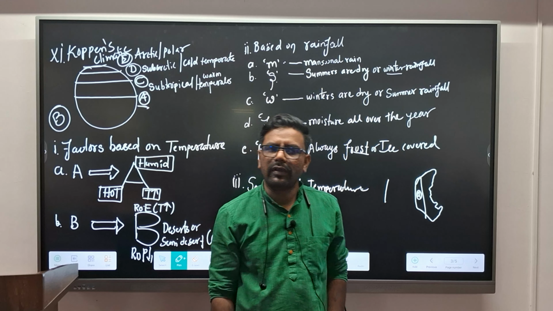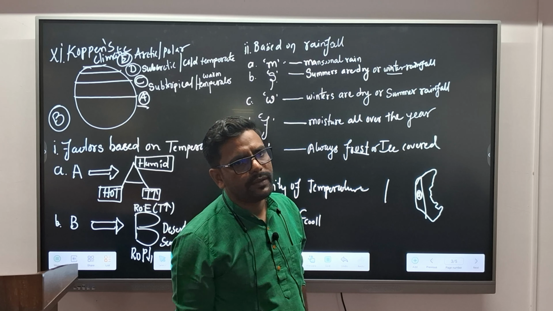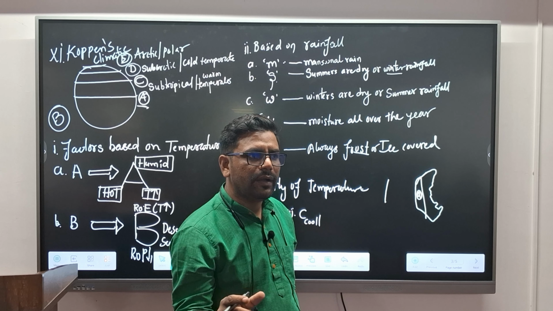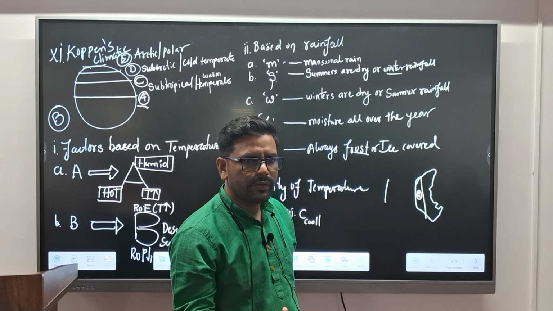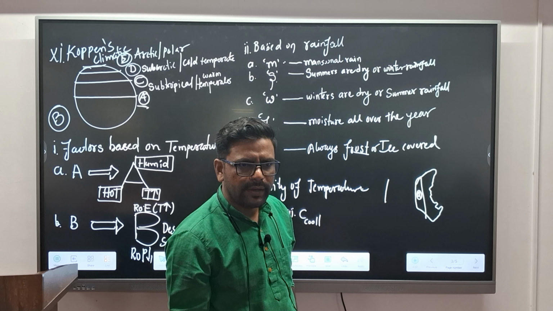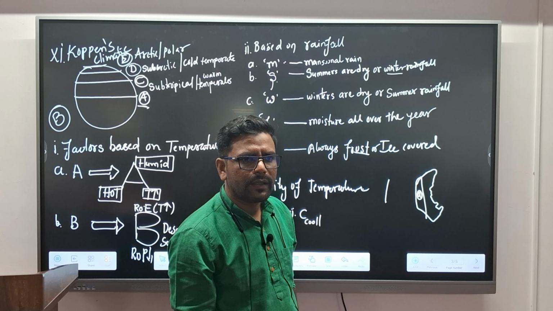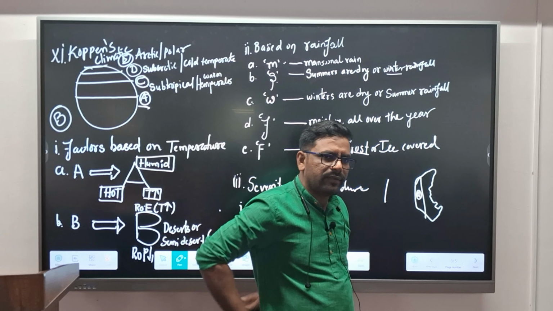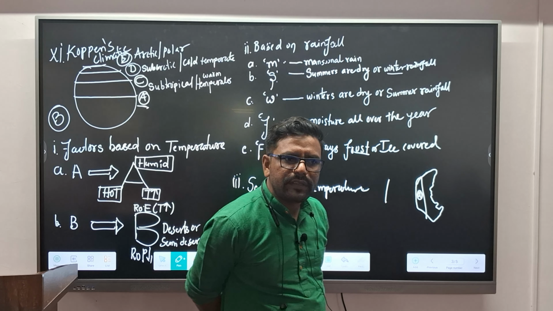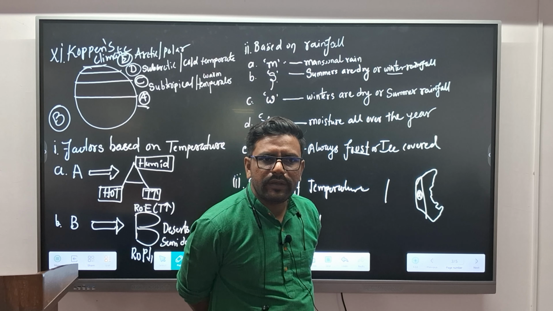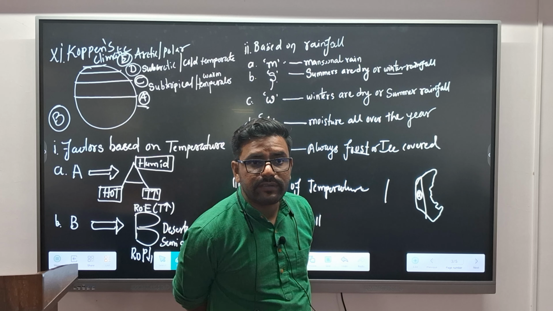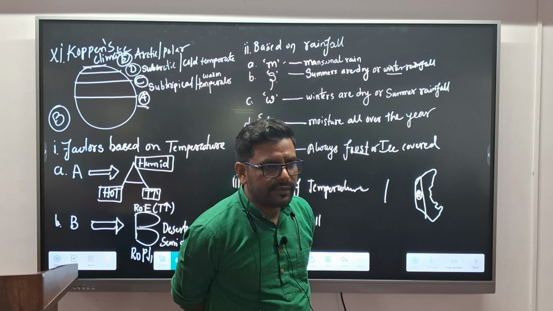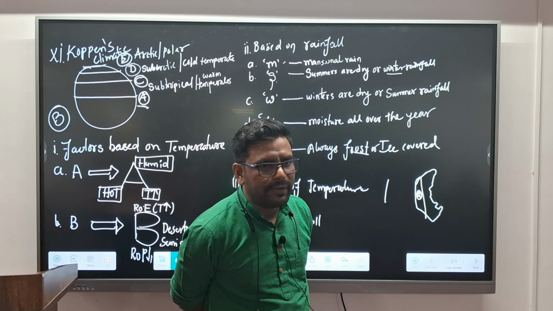Now tell me, Karnataka falls under capital A, B, or C? Among A, B, C, Karnataka is befitted with which letter? A. Okay, why not B? In the Western Ghats, rainfall is high and aridity is relatively less, right? In the Western Ghats, aridity is relatively less, which means B cannot be befitted there.